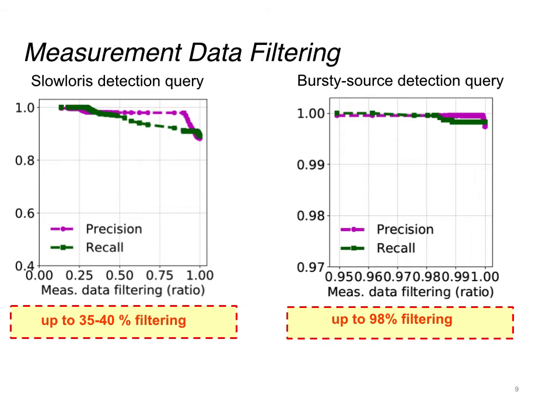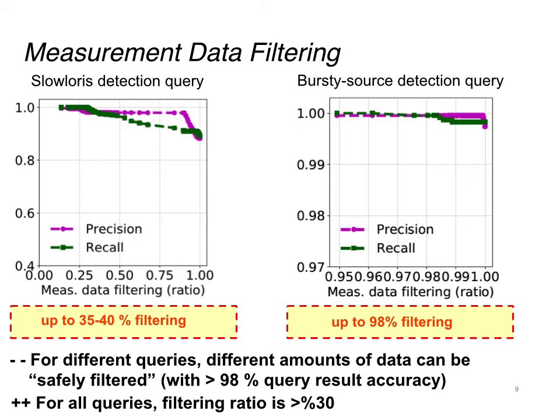First of all, we evaluate the measurement data filtering. These plots show, for different filtering ratios, the query result accuracy. Given accuracy requirements of 98% for both precision and recall, no more than 35 to 40% of the measurement data can be filtered for a slow loris detection query, while for a bursty source detection query, we can filter up to 98% of the measurement data without losing too much accuracy.